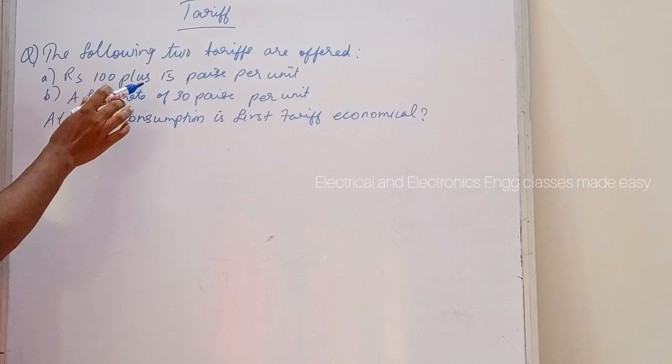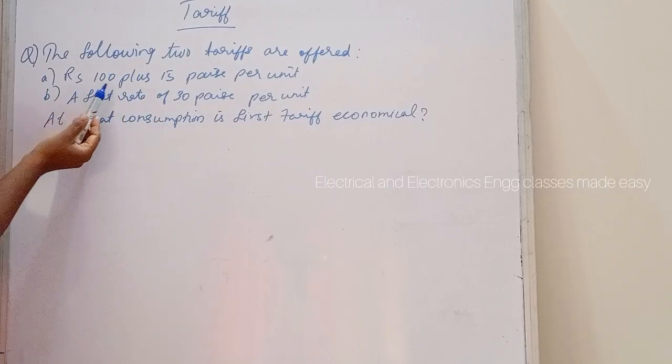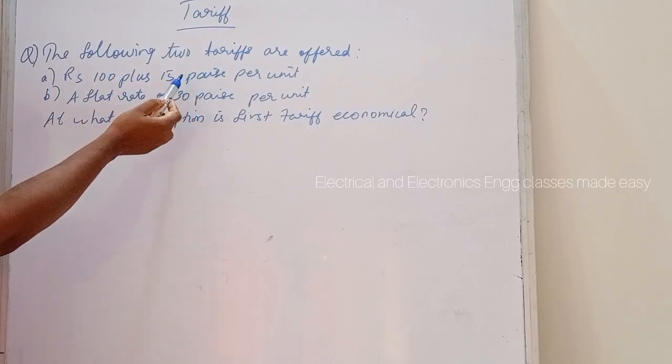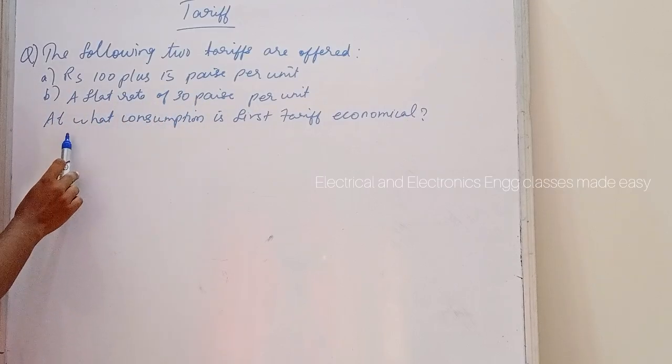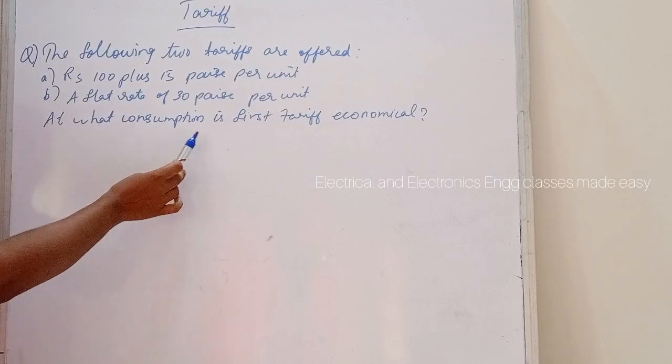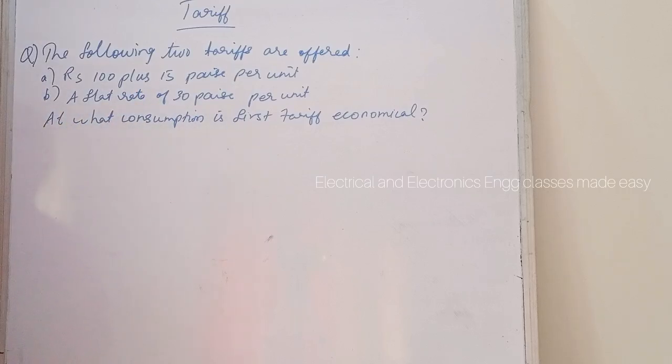The following two tariffs are offered. Rupees 100 plus 15 paise per unit, then a flat rate of 30 paise per unit. The question is, at what consumption is the first tariff economical?